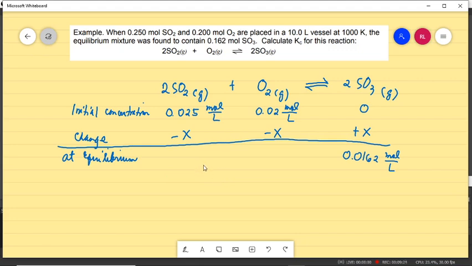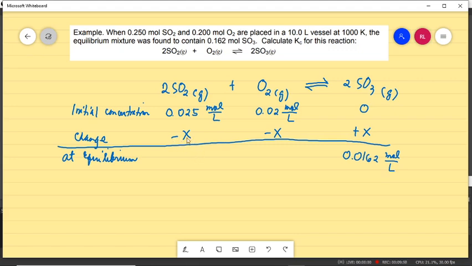Before we can solve the concentrations of our reactants at equilibrium, we must know first the change in concentration, because our equation here is concentration at equilibrium is equal to the initial concentration plus the change in concentration.